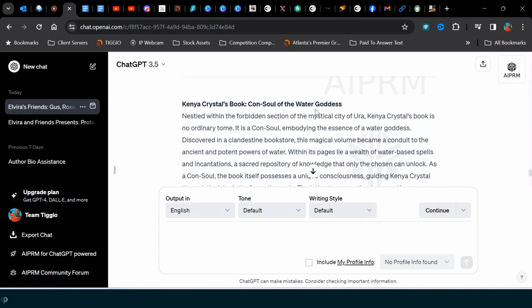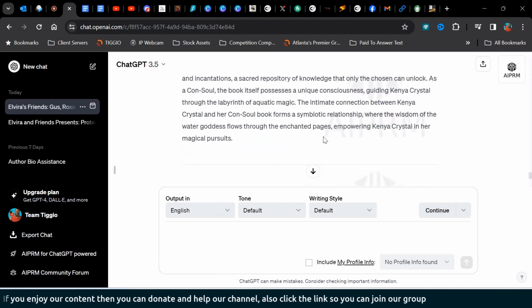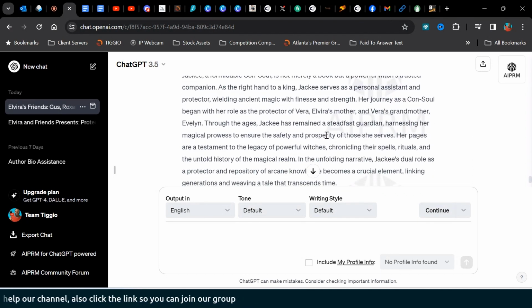Crystal's book, Console of the Water Goddess, nestled within the forbidden section of the mystical city of Ura. Kenya, Crystal's book, is no ordinary tome, it is a console. So I had all this stuff already pre-written.